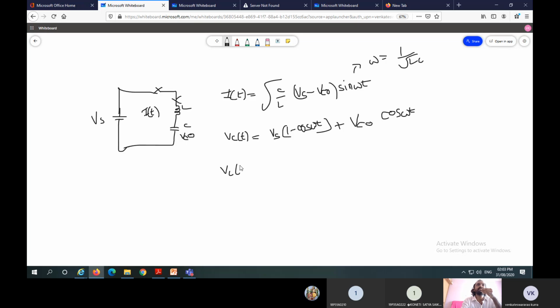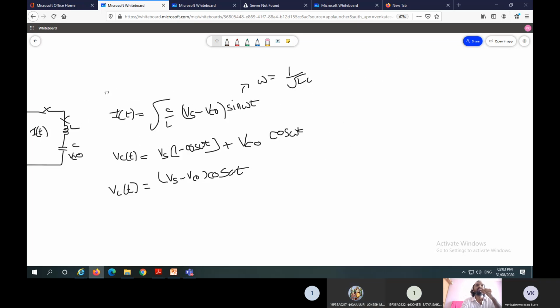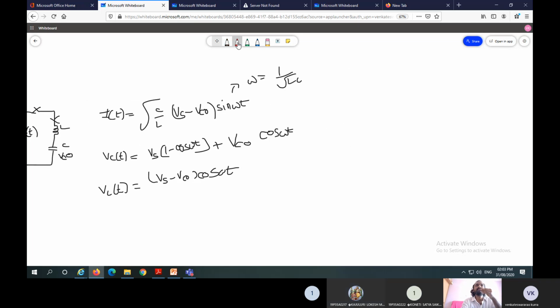And voltage across inductor VL of t equal to Vs minus Vc naught, cos omega t. These expressions were already derived in the last class. Suppose we consider the initial voltage across the capacitor to be 0, that is, Vc naught equal to 0.